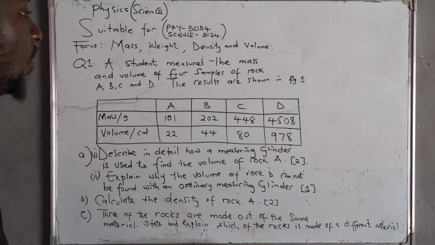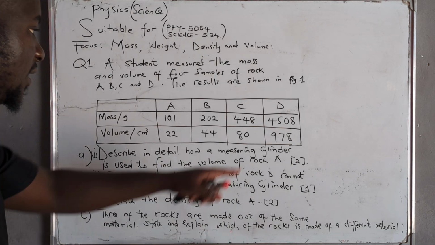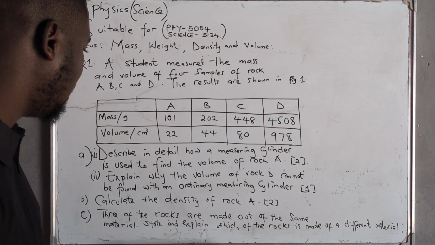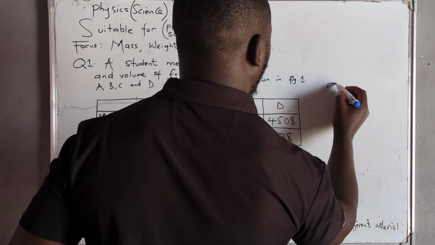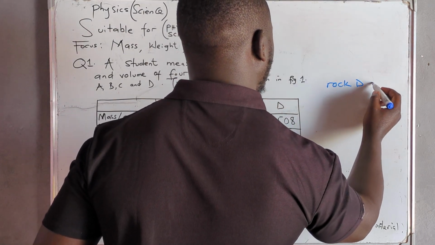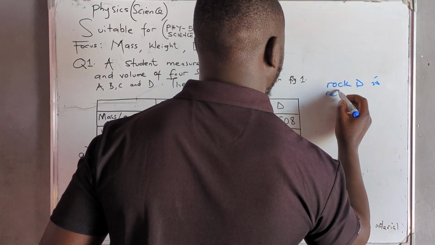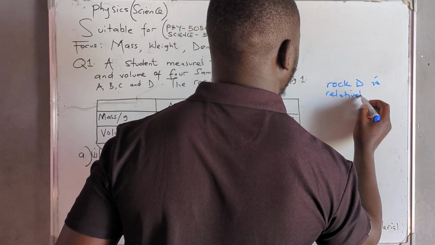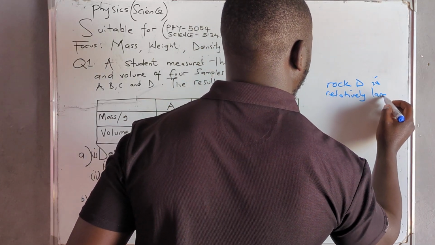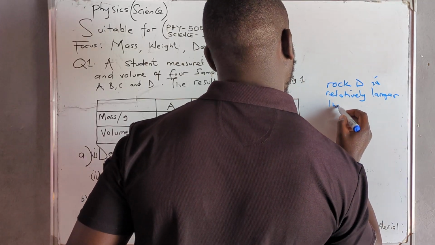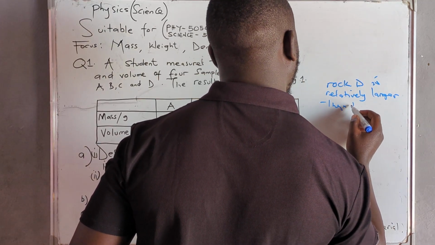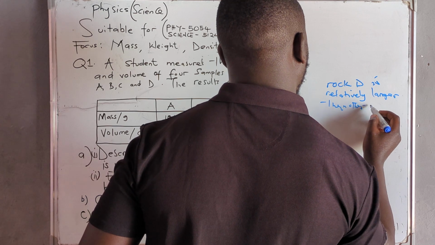You say rock D, from its mass, which is this one, you can record in your explanation. So you can say rock D is relatively, because you're comparing, so you use the word relatively, larger than other rocks.